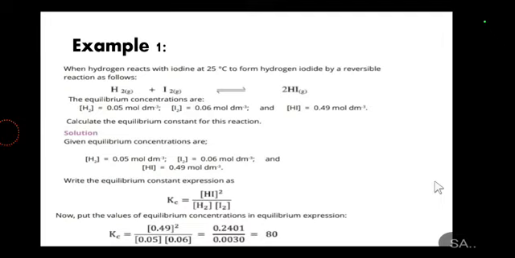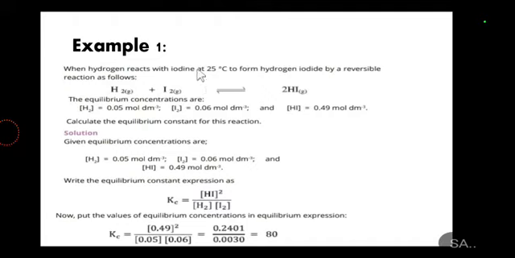Now we'll further clarify our concept with some examples. You know this equation for the reaction when hydrogen and iodine are reacting to give you hydrogen iodide. Here the equilibrium concentrations are mentioned. Remember, the value of Kc depends on the temperature. This is one of the important points that you must remember.